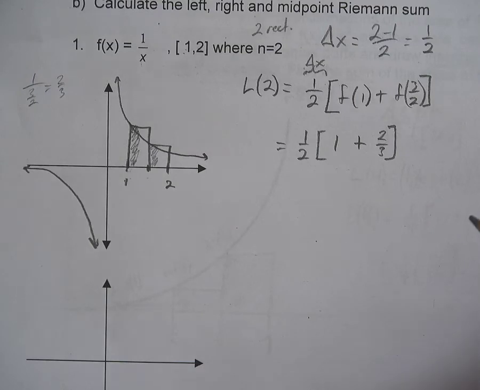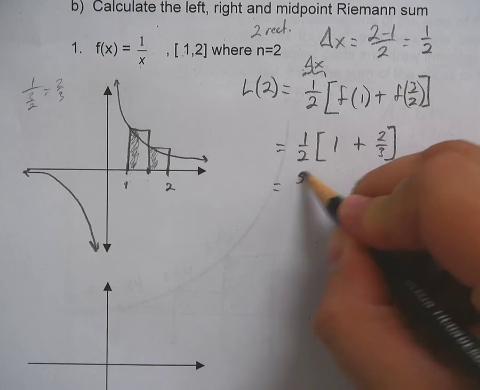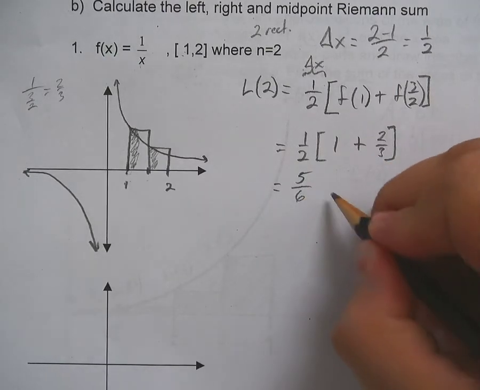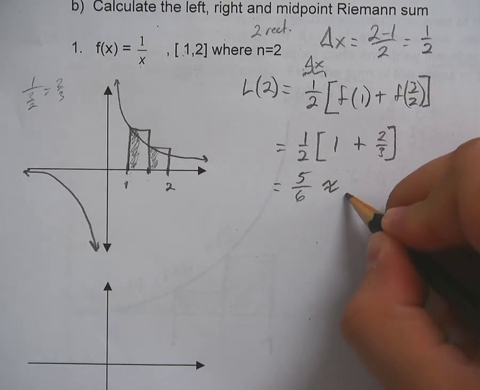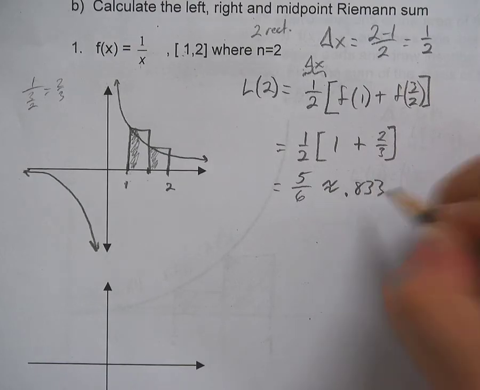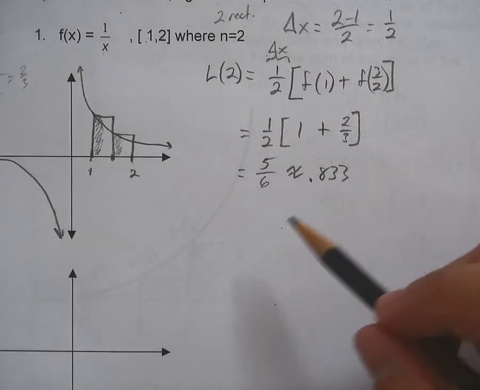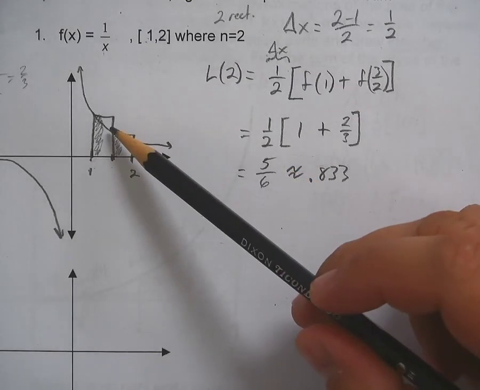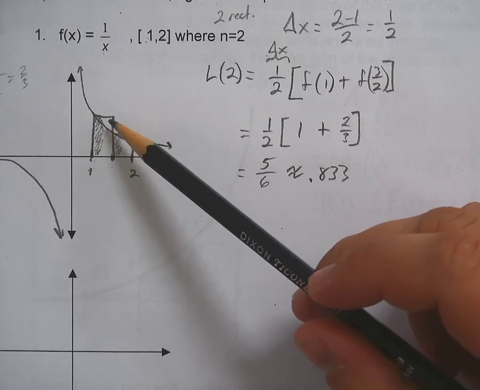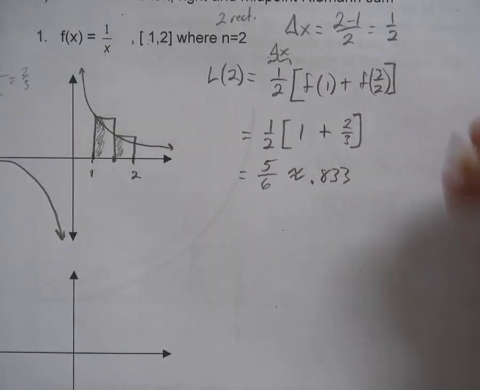It's 5/3, times 1/2 is 5/6, which is roughly 0.833, on and on. Now, is this going to be an under or over estimate? Well, since I have extra rectangle showing, it's going to be an over. I'm just going to put over out here.